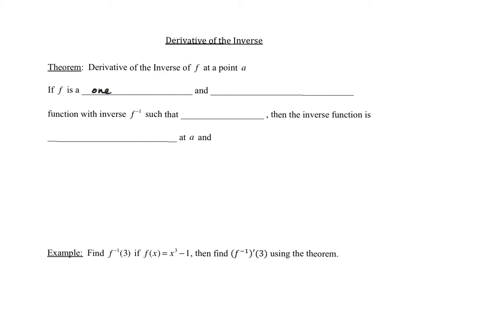If f is a one-to-one function, and it is differentiable, that just means that it has a derivative.